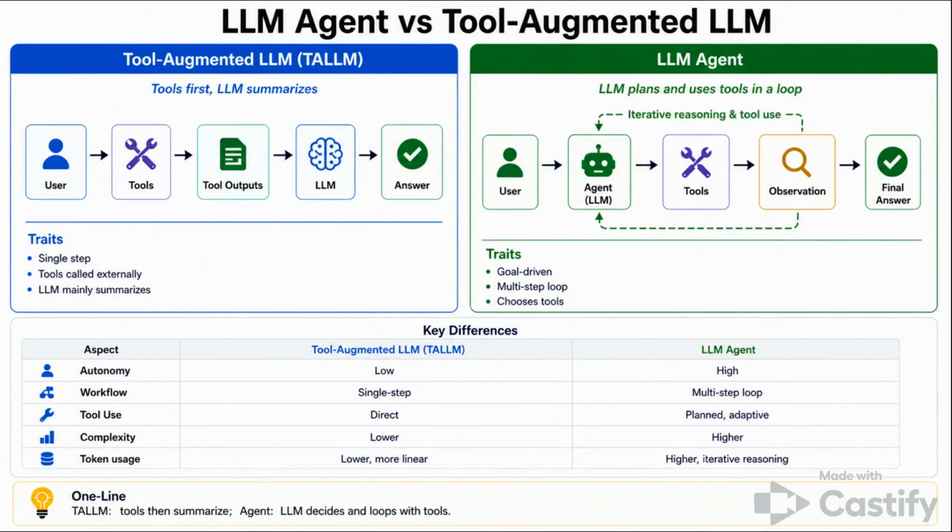You can just call the tool of the function directly, and then summarize the result to the LLM, and then get the final result.